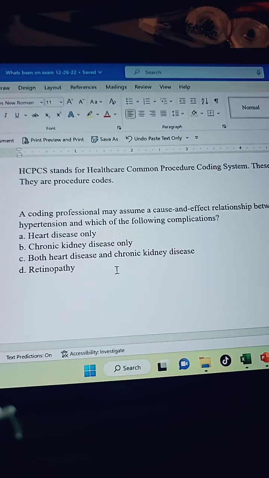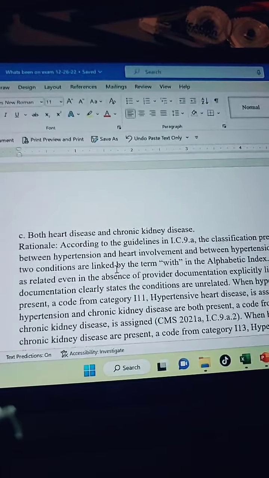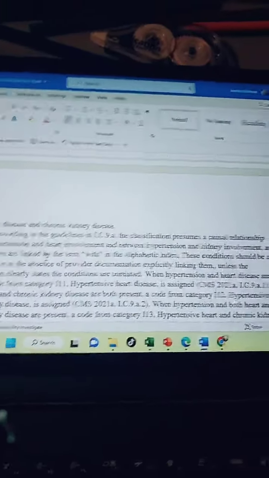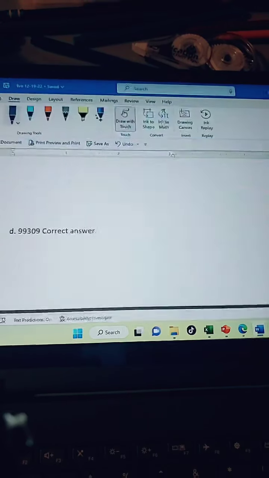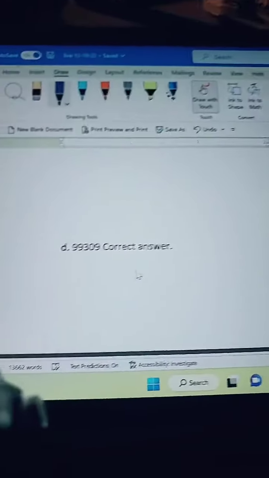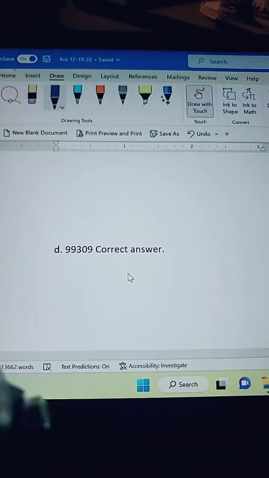Yep. The answer and rationale I got back was like 5,000 leagues long. It's huge. But C is the answer they were wanting, both heart disease and kidney disease, according to the guideline. I added this to the document about what's been on the exam tonight, so I was happy to find that rationale. PJ had it on her exam too. Okay, good.